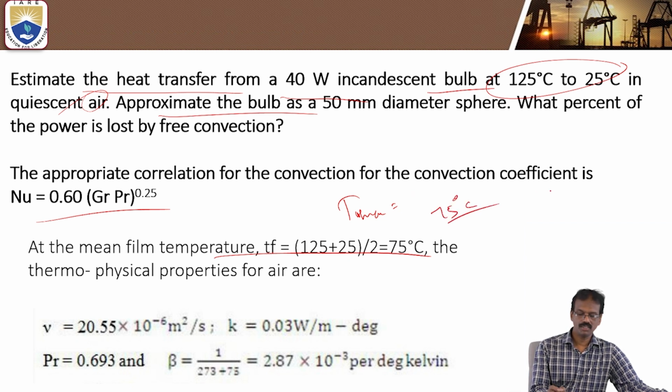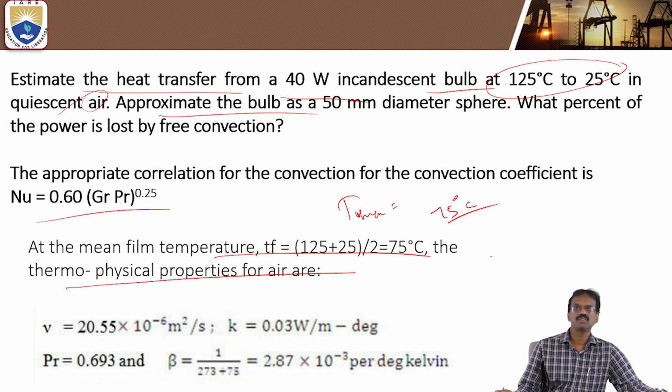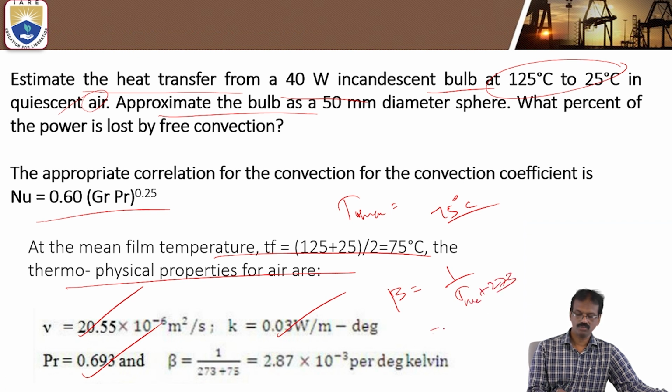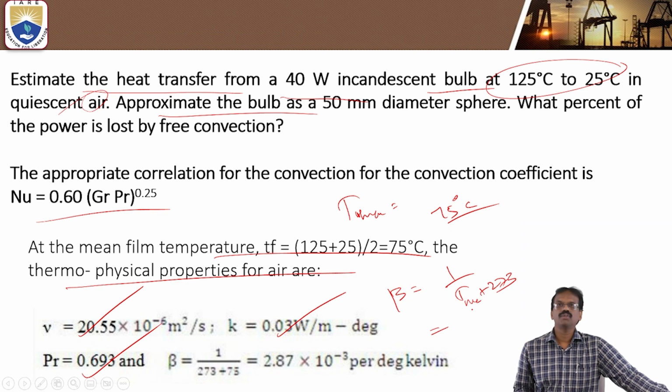At 75 degrees Celsius, you have to take the properties of the air. These are the properties: kinematic viscosity, thermal conductivity, and Prandtl number. Then beta is equal to 1 by T mean, T mean plus 273. So you can find out the beta value. If you know all these values, then you have to find out the Grashof number.